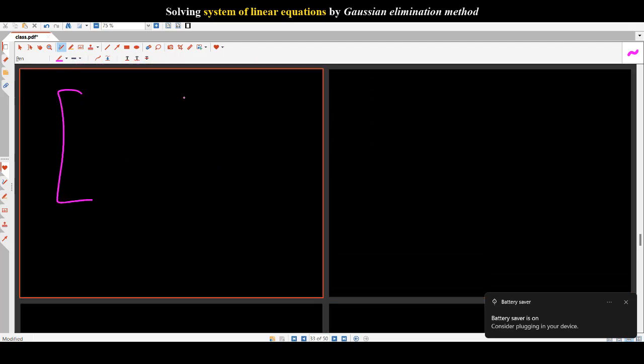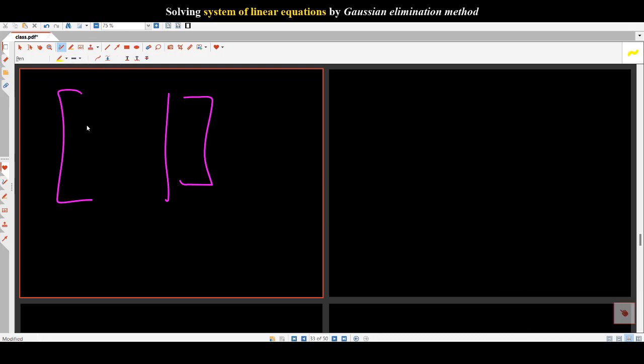Suppose for some system we are trying to make 1, 1, then here we have 0, 0, 0, and here we have some star, but instead of 1 here we have 0.